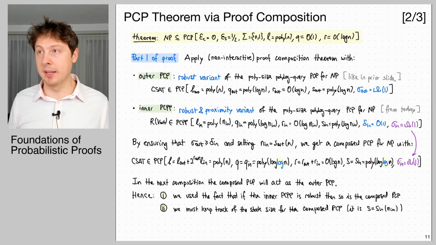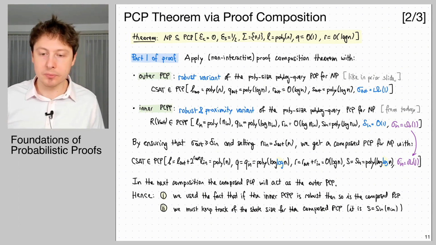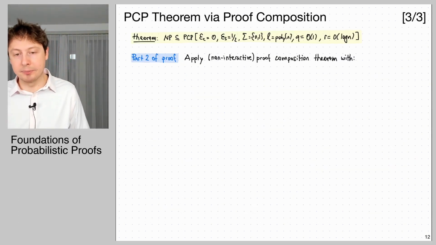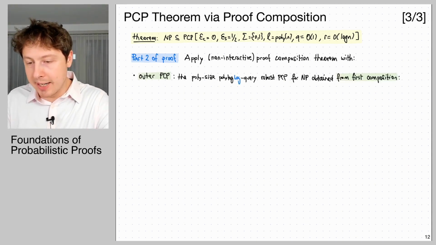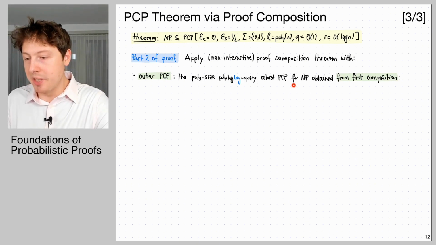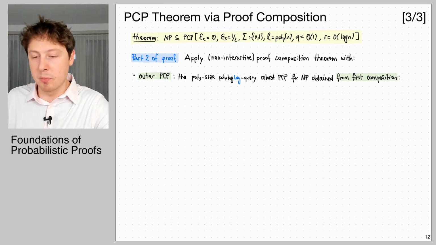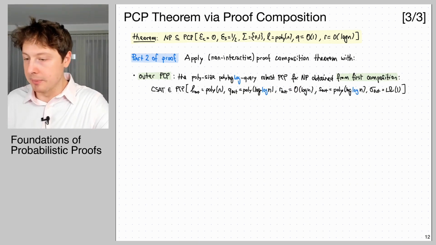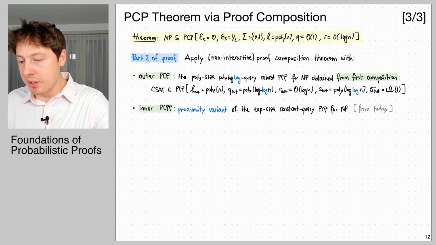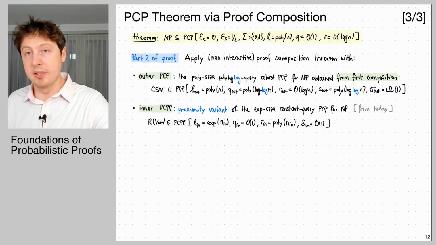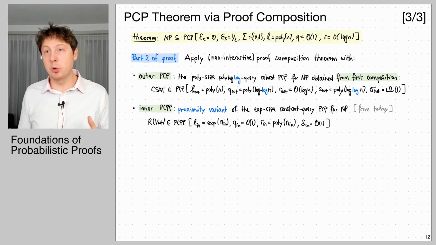next composition. So the next composition, now we're going to use this poly-size polylog-log query robust PCP for NP obtained from the first composition, and here it is. And now we use the proximity variant with exponential size constant query PCP. Here it is. This is the one that we couldn't use the first time around.